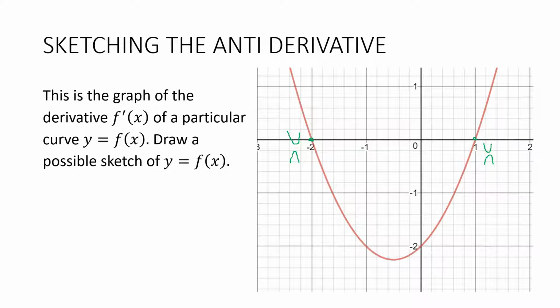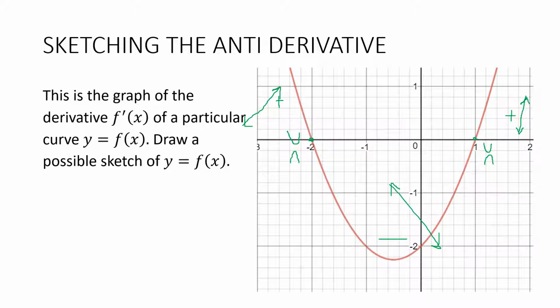Okay, down here the whole thing's negative, which means the curve's going downwards. It's decreasing. Up here it's positive, which means the curve was increasing at that point, and that's the same over here. All right, do you reckon we can decipher this at all? Let's have a look at it.